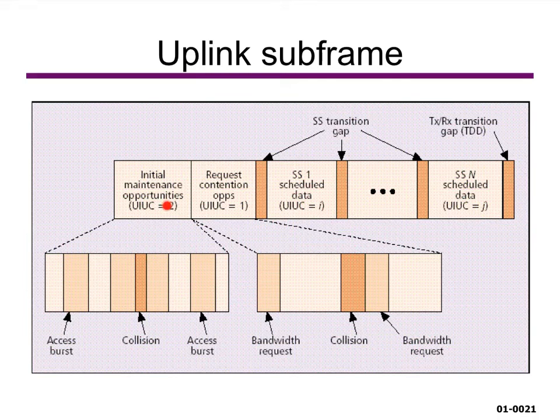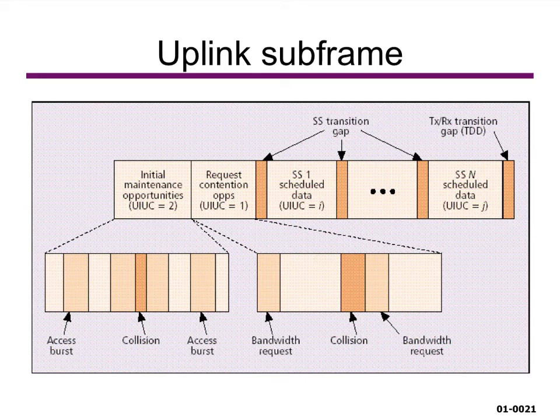So for 2, this is used for something called initial maintenance opportunities. Initial maintenance opportunities is used by the base station to measure some characteristics of the nodes, like, for example, the range or the delay for transmitting from one node to the base station.